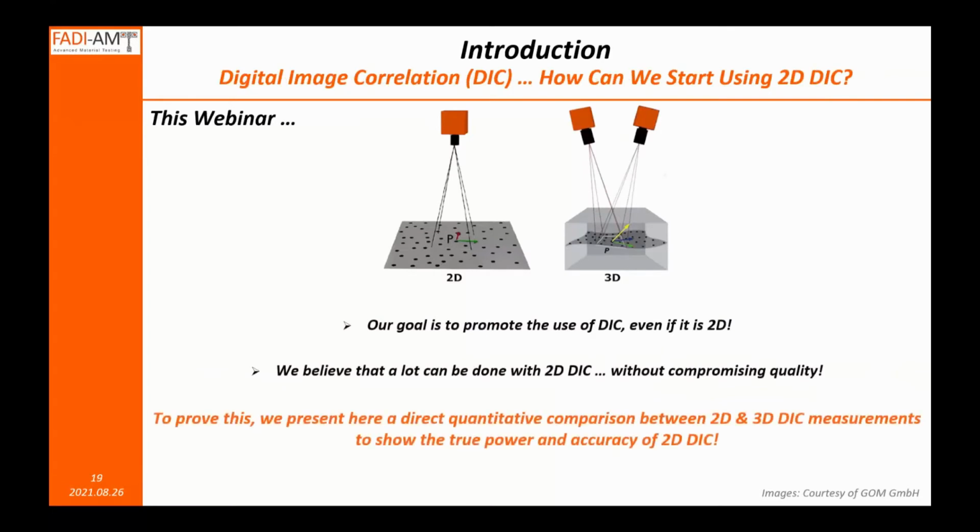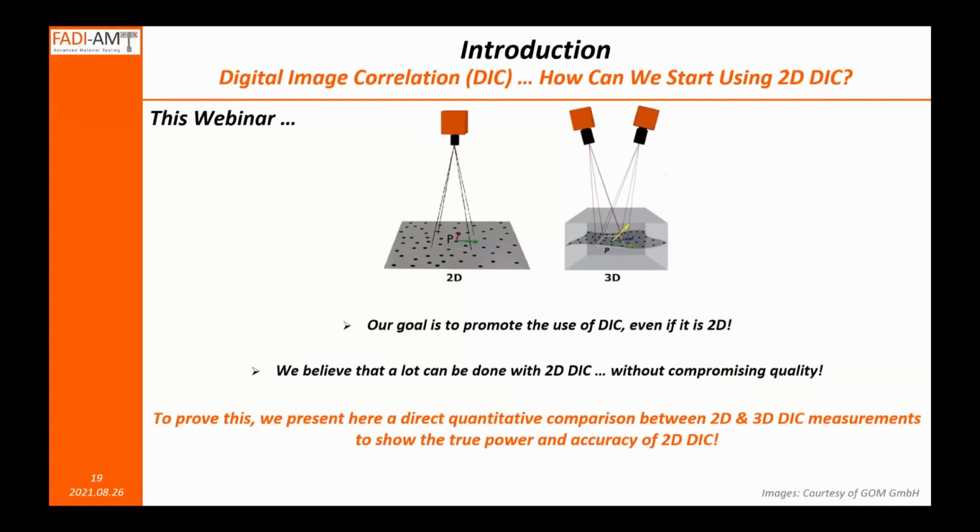We would like to achieve our goal of promoting the use of 2D DIC, even if it's a start into the DIC world. We believe that there's so much that can be done with it without compromising quality. We can still get fantastic results with 2D DIC.